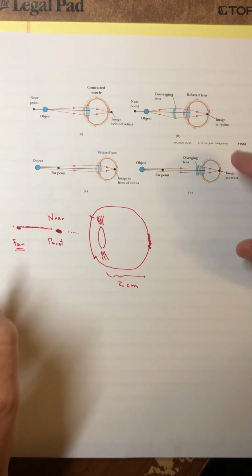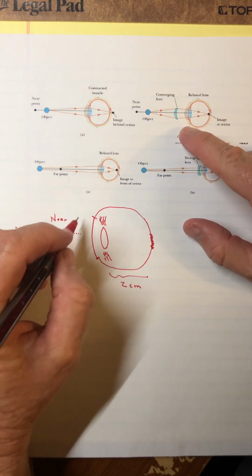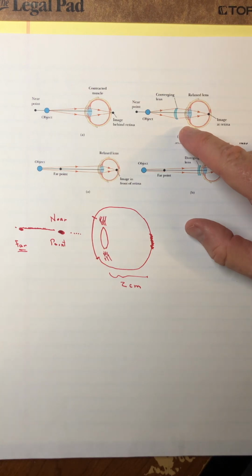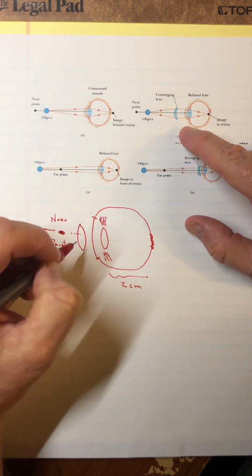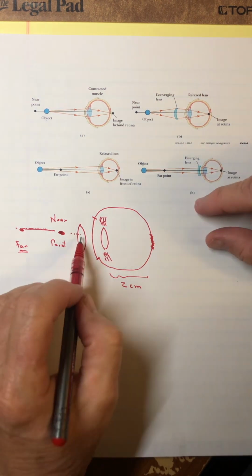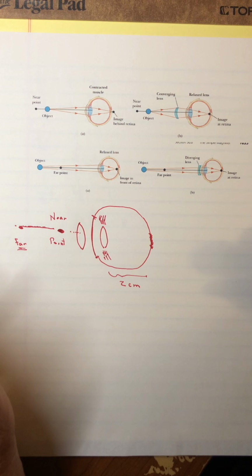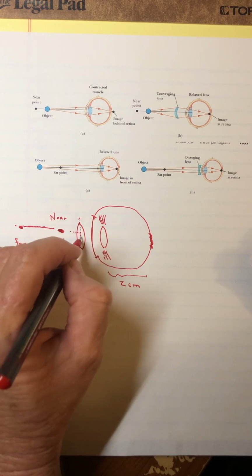So if you wanted to correct it, and that's what this image is trying to show, you would put the same type of glasses on somebody, like these reading glasses. They need help converging the light because this cornea doesn't do it enough. Now, like I said before, you probably don't want to put a lens of this shape, a biconvex lens.